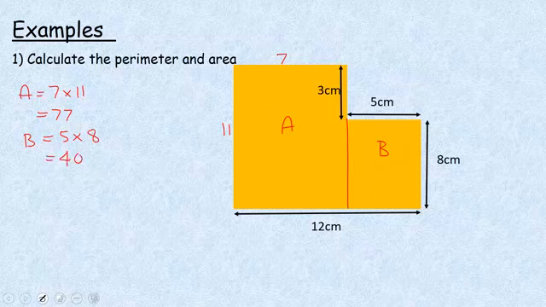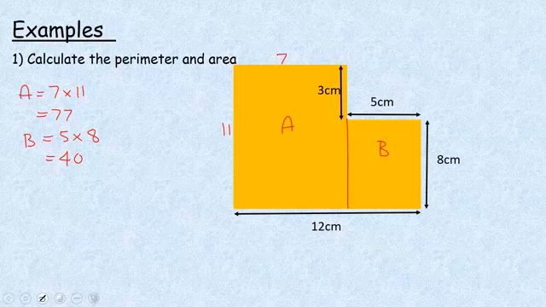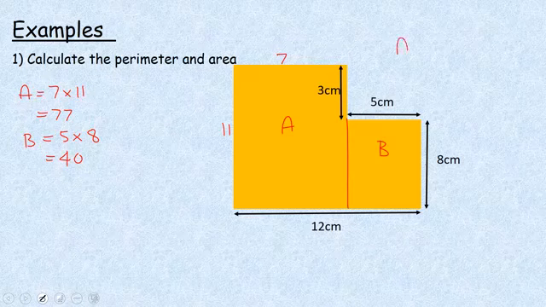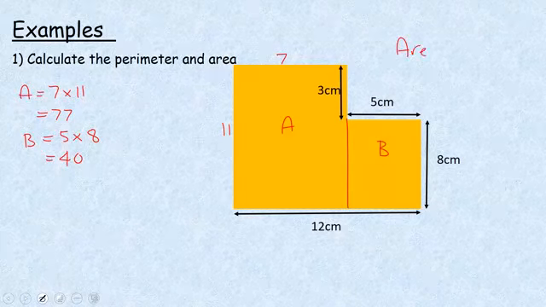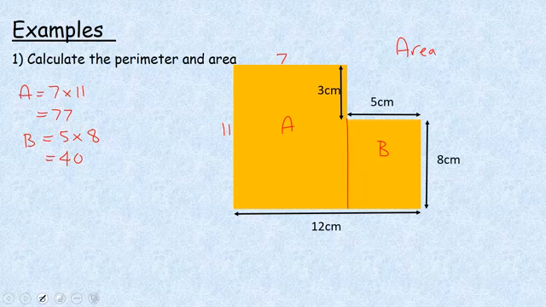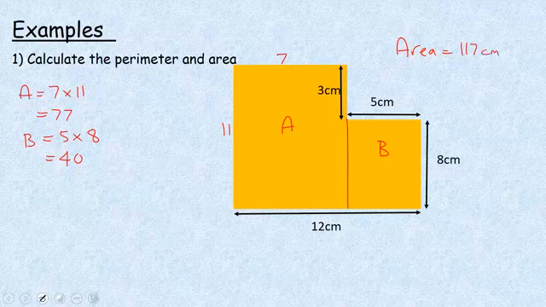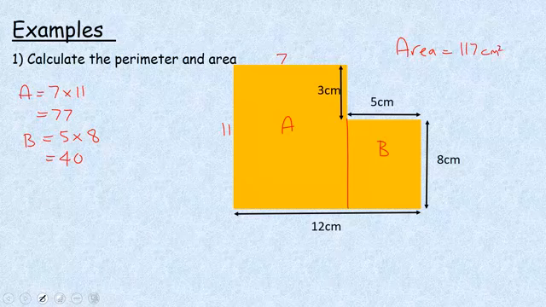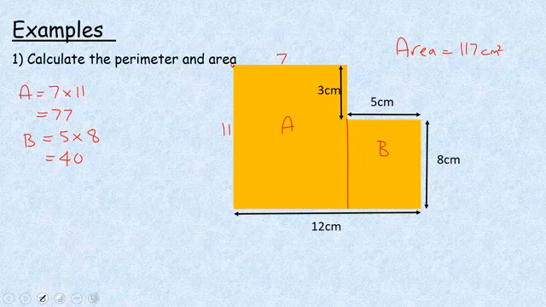So adding those together, we would have an area, just move over here when I've got a bit more space, an area of 117 centimeters squared.